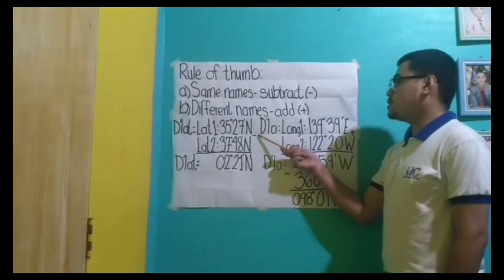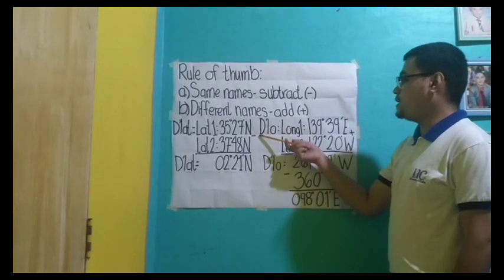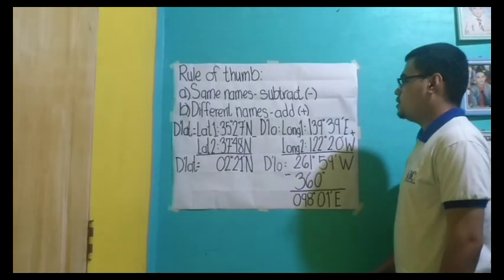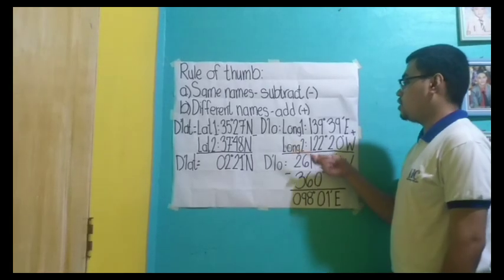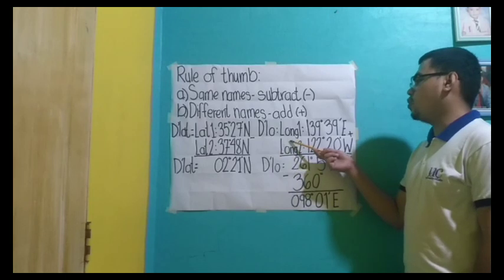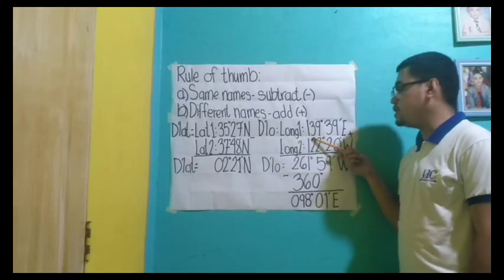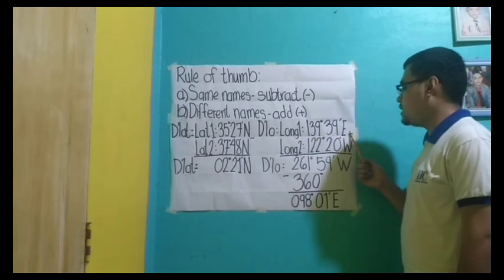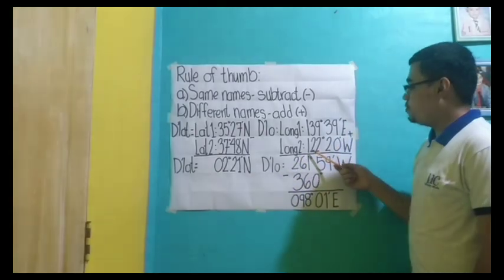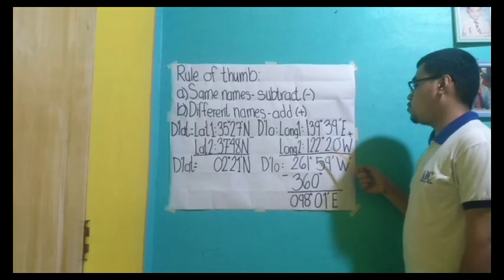So next would be finding the DLO or the difference of longitude. So we need the two longitudes, the longitude 1 and the longitude 2. Longitude 1 is 139 degrees 39 minutes east, and the second longitude would be 122 degrees 20 minutes west.